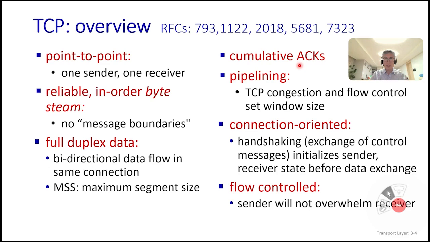And TCP supports cumulative ACKs for pipelining. It supports two controls: TCP congestion control and TCP flow control. Those controls set a window size for pipelining.